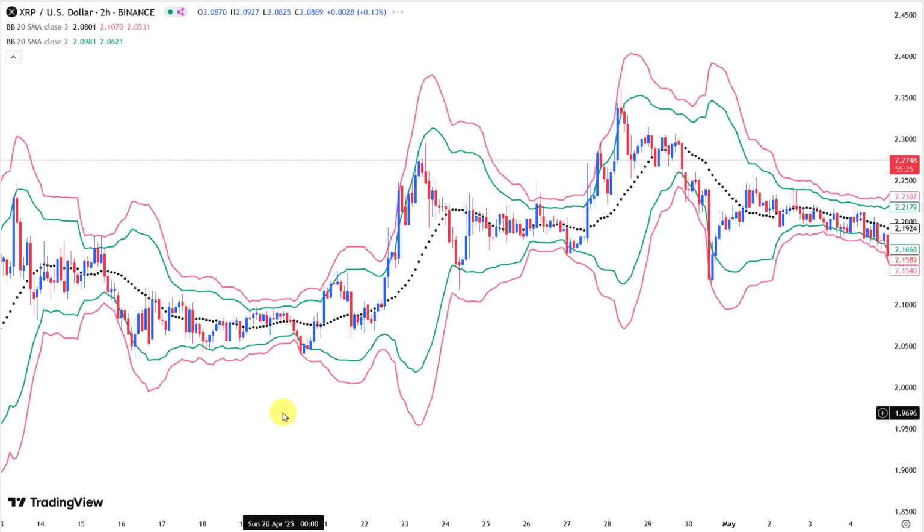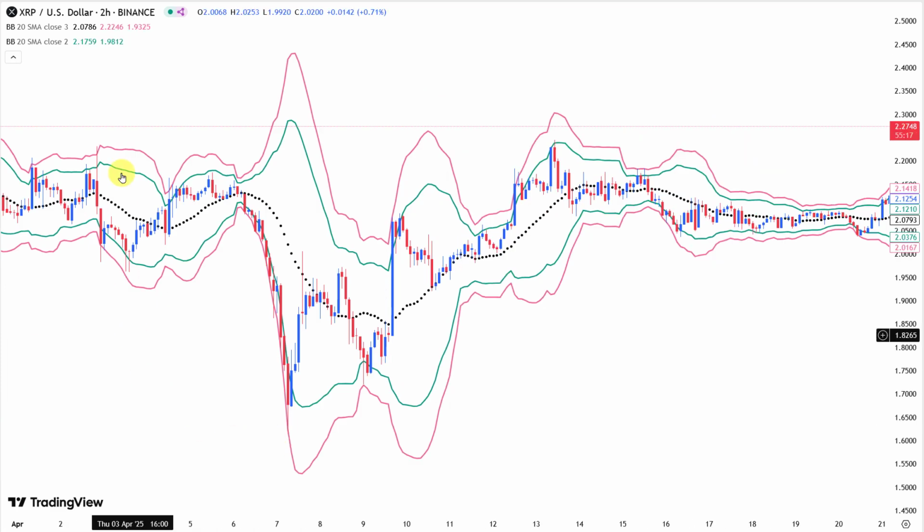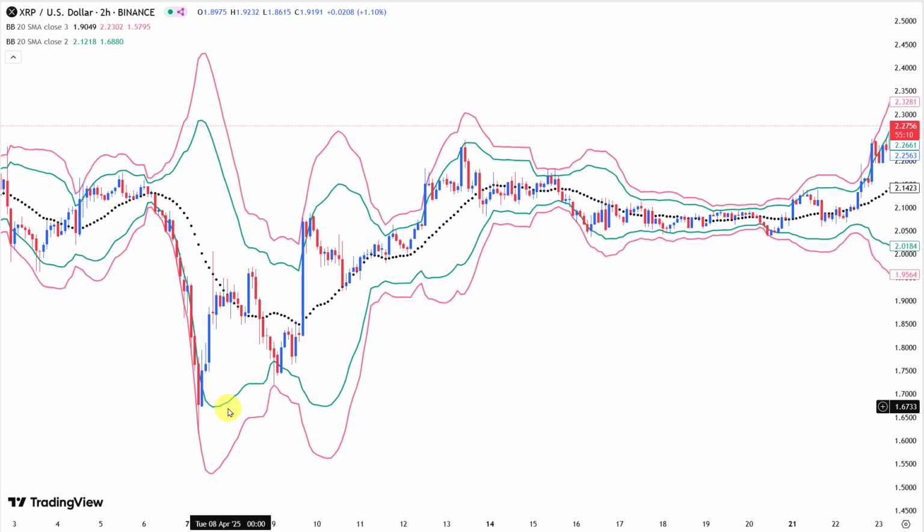But if I go to a 120, it's a 2-hour, you can see that this is staying closed off, meaning pointing up. It's closed off to the downside when the price comes and tests 2 standard deviations again, and then it moves up.